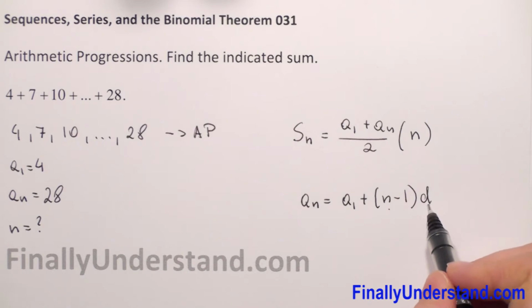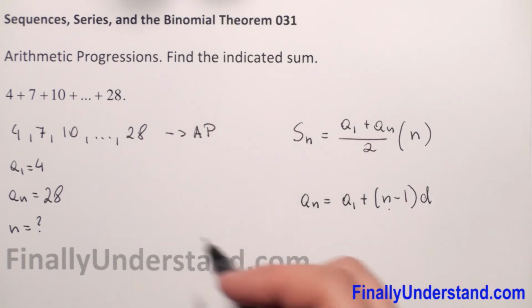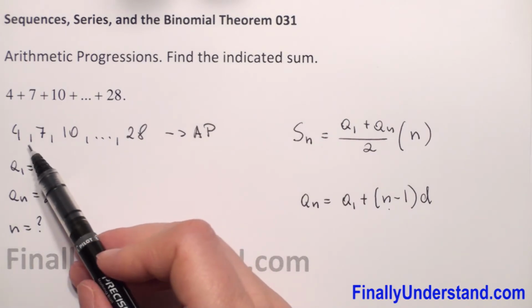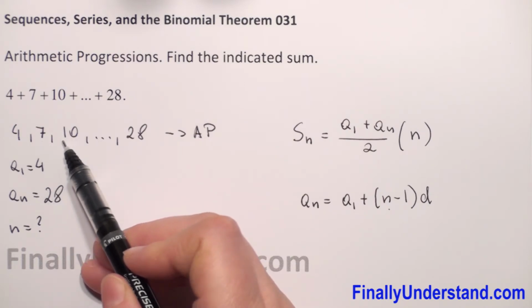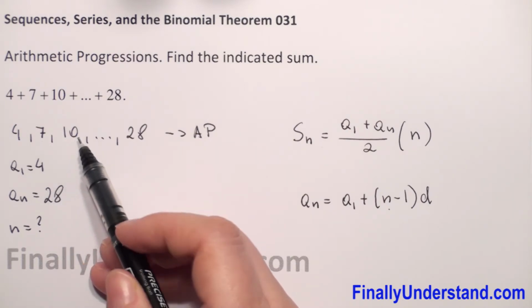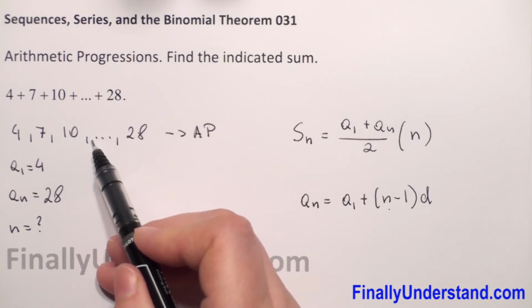How do we find d? d is the constant in an arithmetic progression. It's the number which we add to the first term to form the second, and to the second we add this constant to form the third. To the third we add this constant number to have the fourth term.